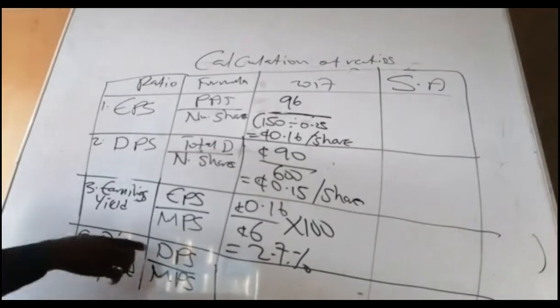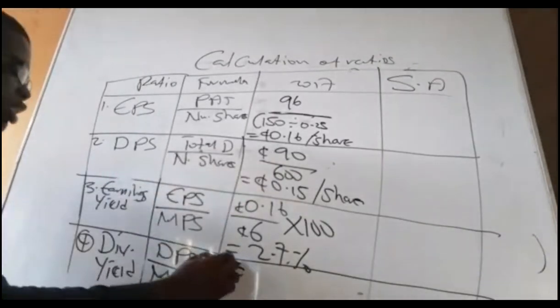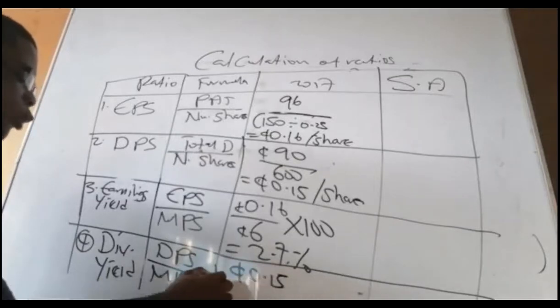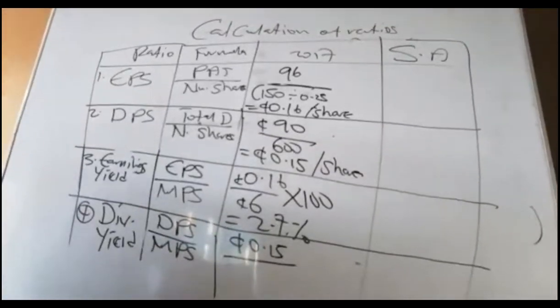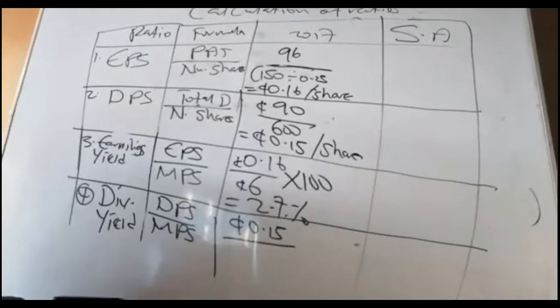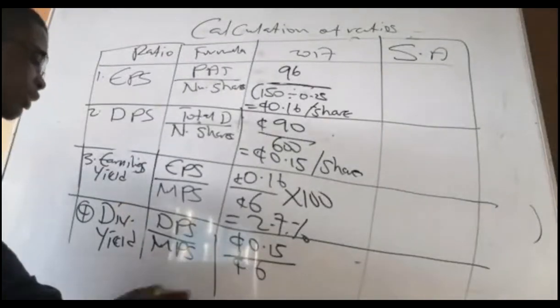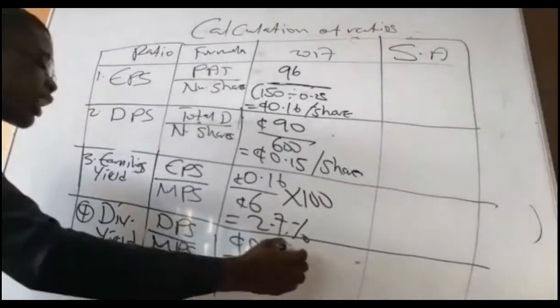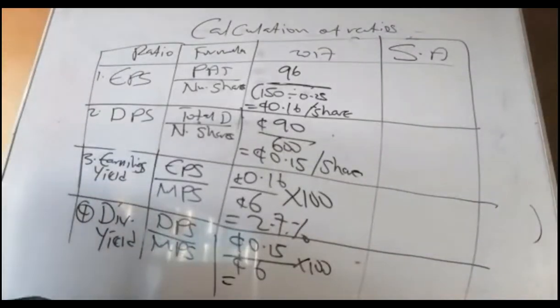What's the dividend per share? We have it here. Dividend per share is 0.15 Ghana cedis divided by the market price per share of 6 Ghana cedis, times 100, right? Because we want to express our answer in percentage since it's too small.